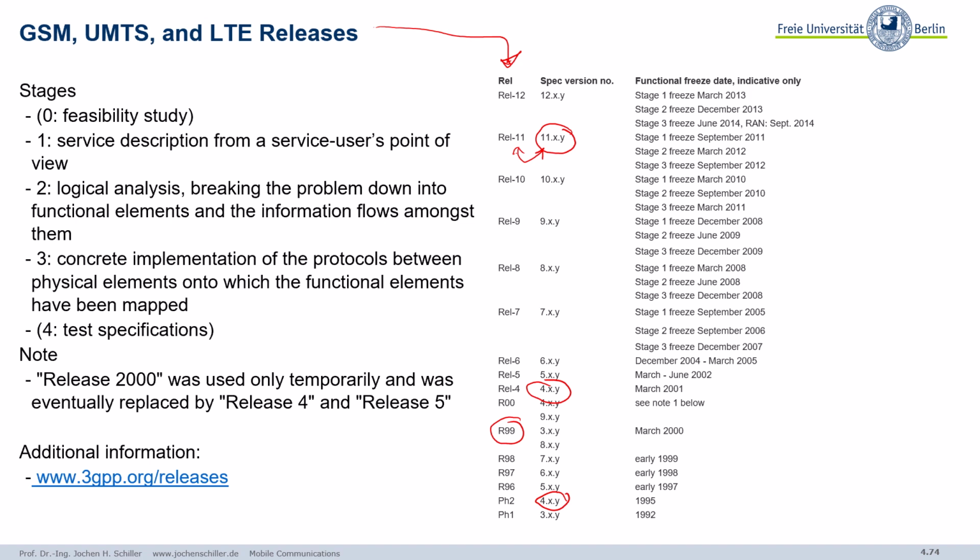Within a release, you have so-called stages. What does it mean? Officially, you have 3 stages, 1, 2, 3, but there are also the unofficial, but still mentioned on the web pages, stages 0 and 4. Before you start with standardization, you are in stage 0, which is a basic feasibility study.